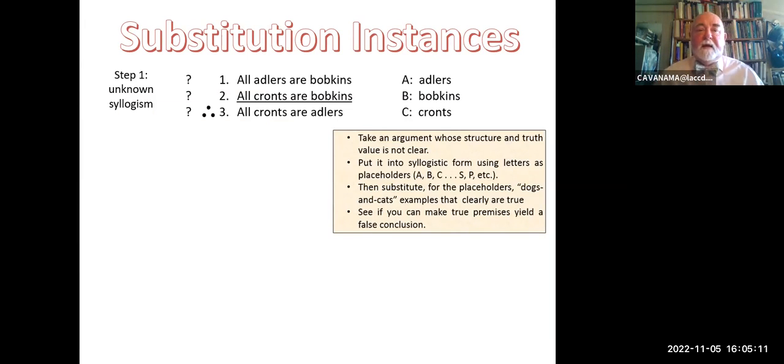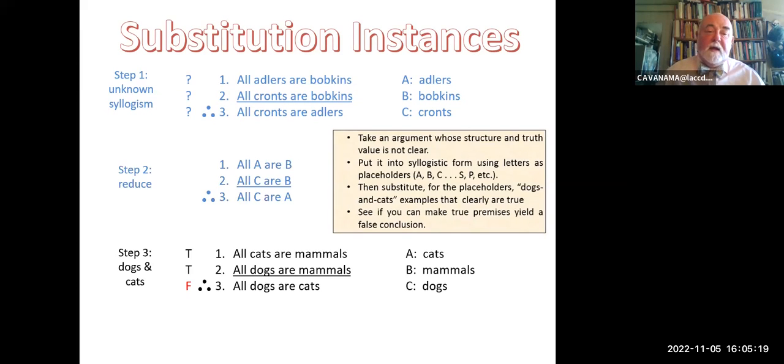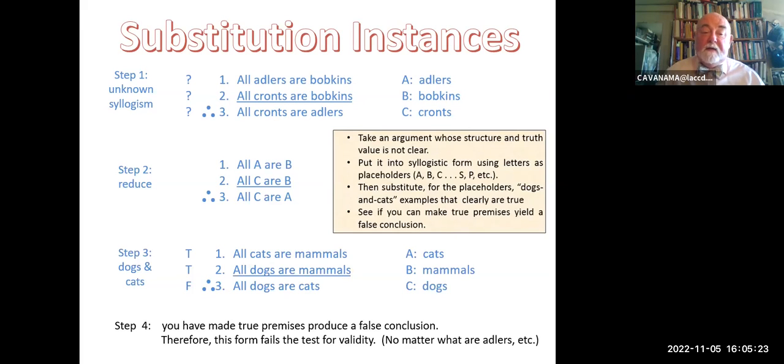Okay, step one, take an unknown syllogism, Adlers, Bobkins, and Krafts. Step two, reduce it to skeletal form, A's, B's, and C's. And step three, put in our dogs and cats examples.